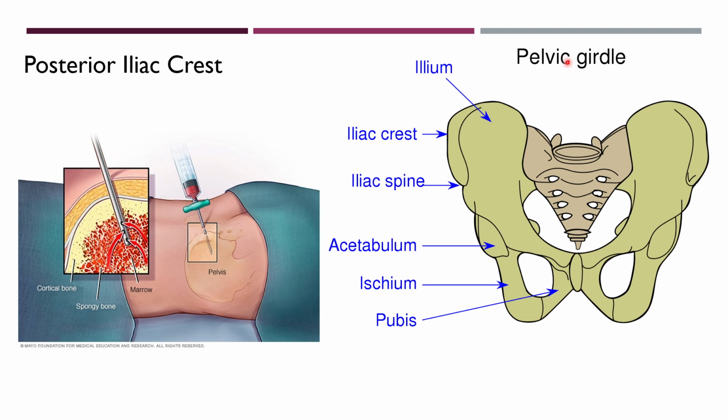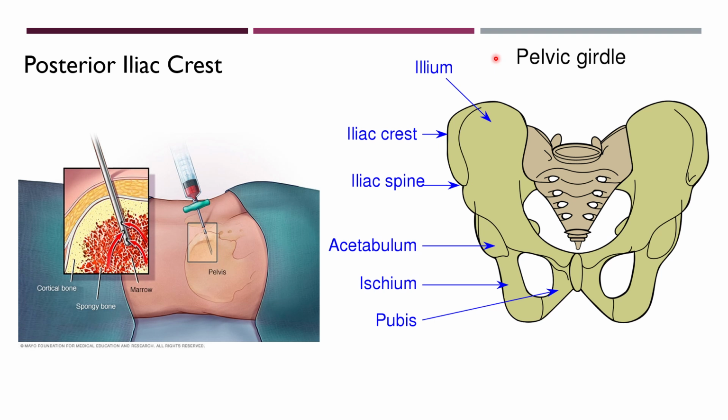This is present in the pelvic girdle, where the bone marrow is present. We discussed the bone marrow in the hematopoiesis lecture. It is the location where all types of blood cells are formed.